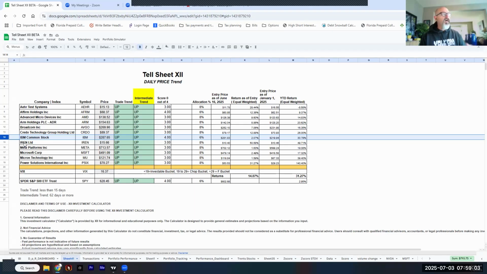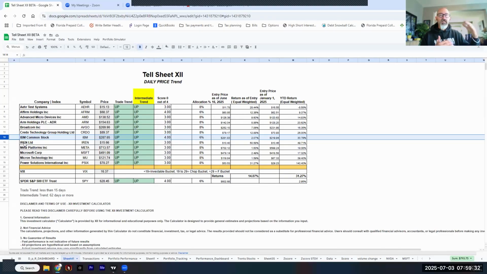If a stock underperforms from a quantitative side, that allocation is going to adjust downward based on the scoring system, down towards a minimum of 1%. If at the end of the 3 month period it doesn't meet my qualitative side of things, then it is removed from the portfolio and replaced with another position from Kerry's tell sheet.